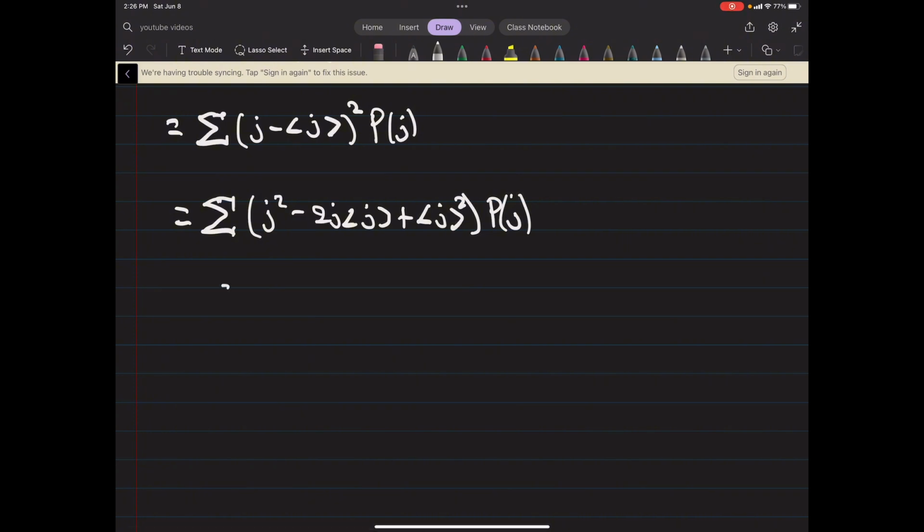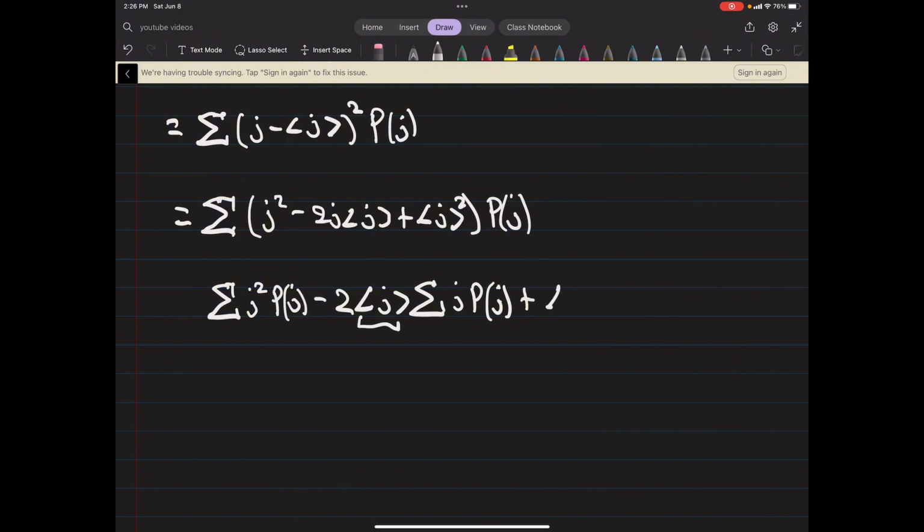So we have the summation of j squared p_j minus 2 times the expectation value of j times the summation of j p_j. I think I say p sub j a lot. I don't know why. It's not a subscript. But hopefully everything's still clear. Again, expectation value is a constant, so that can come out. Expectation value of j squared times the summation of p_j.